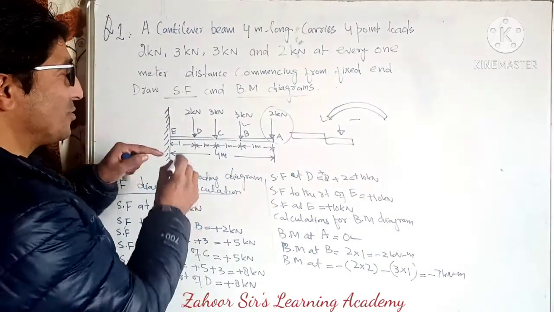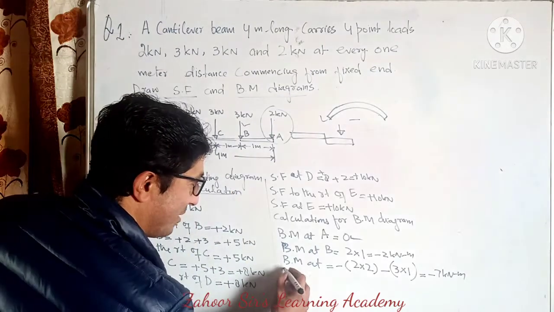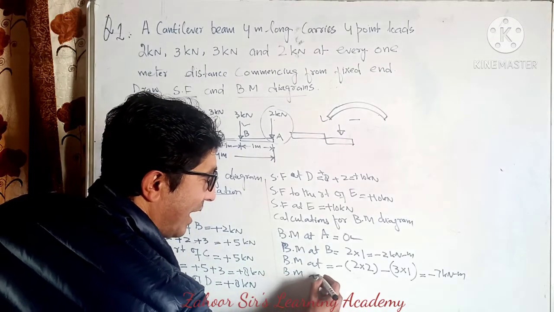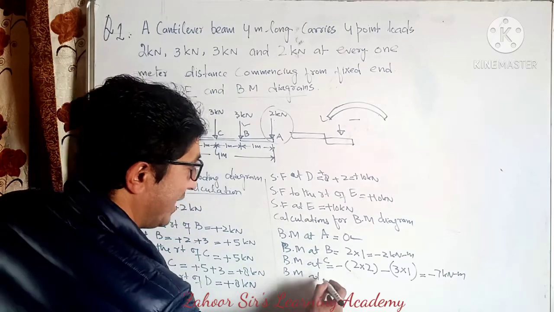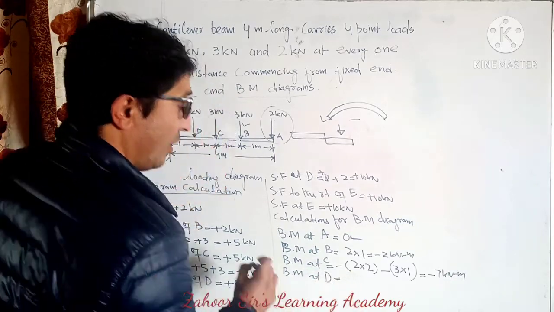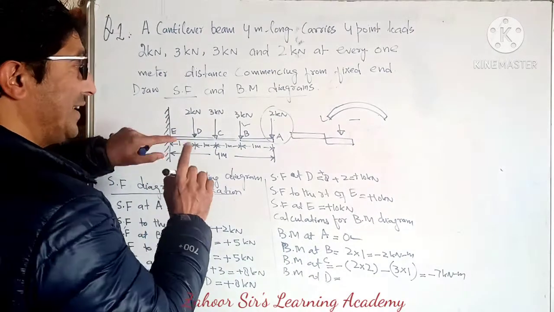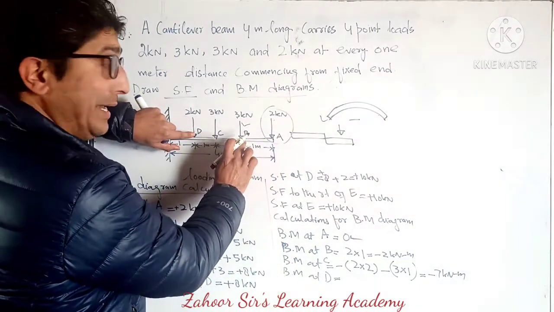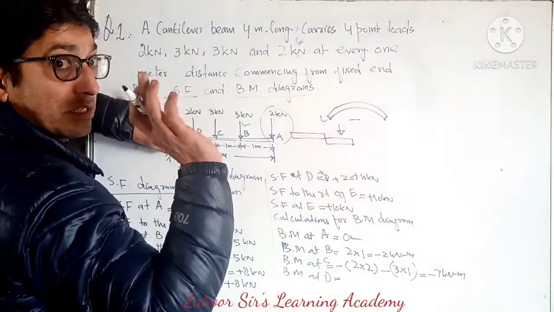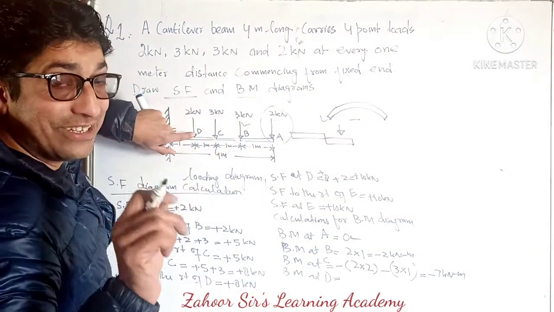Now, who is going to bend point D? So this was BM at C, and this is BM at D. Now, who is going to bend point D? This force is going to bend D. This one is also going to bend D, and this one, so there are 3 forces, all 3 are negative. Why negative?